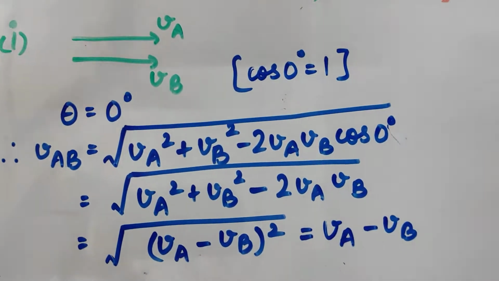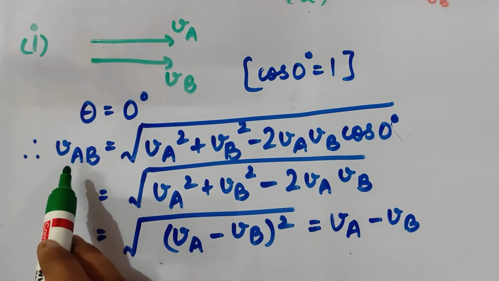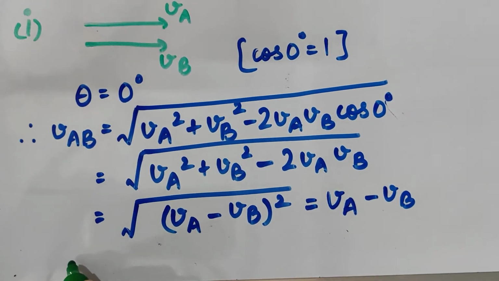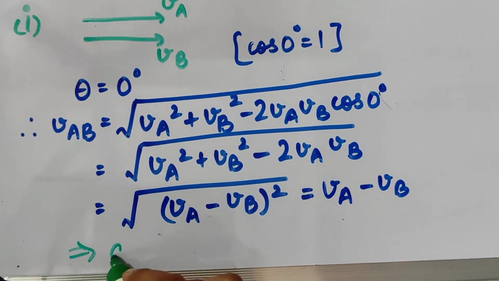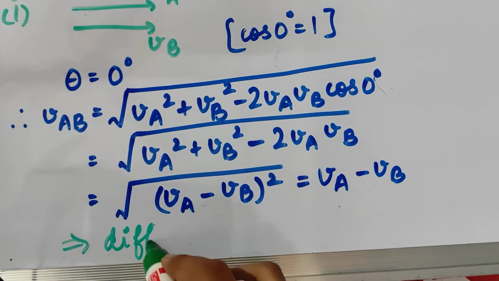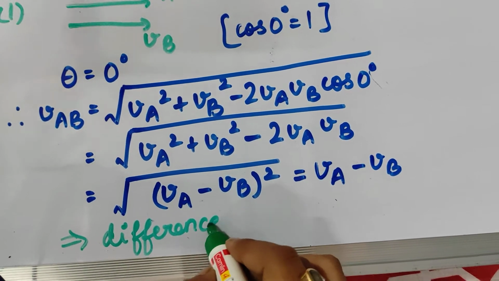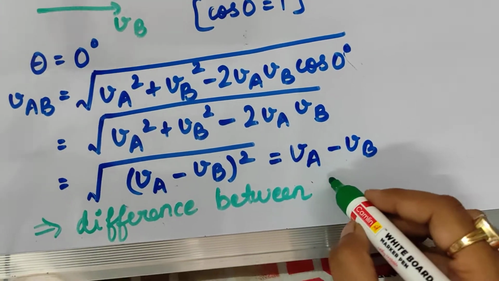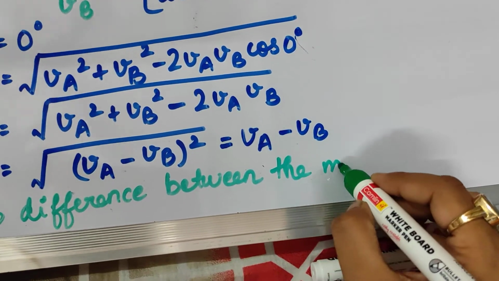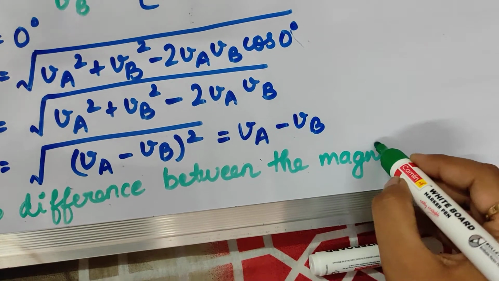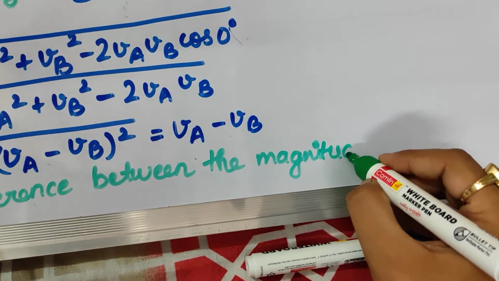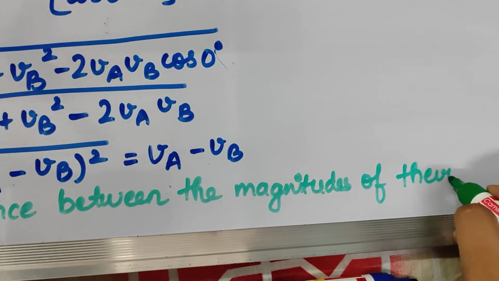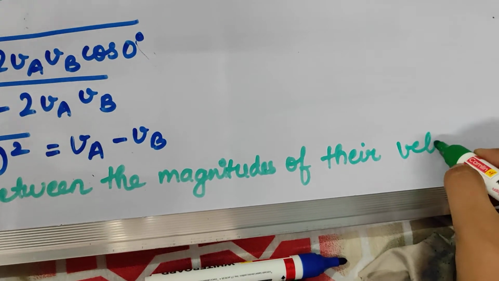So we can say that the relative velocity of A with respect to B is equal to the difference between the magnitudes of their velocities.